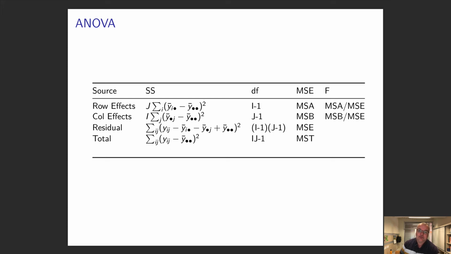It matches. And finally, IJ minus 1 for the total. The other thing is, if you add up the first three rows, you'll always get the last one. So here's the F value for testing for an effect of the first predictor, and here's the one for the second predictor.